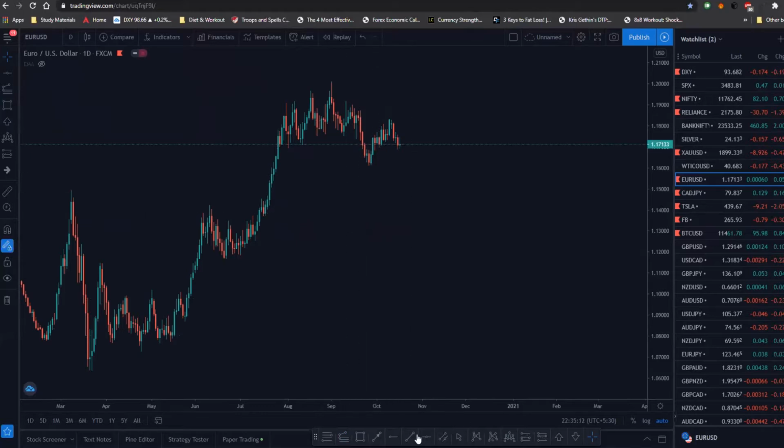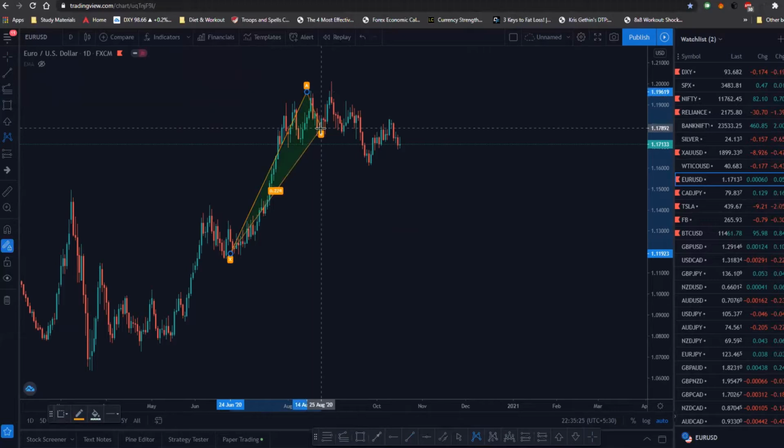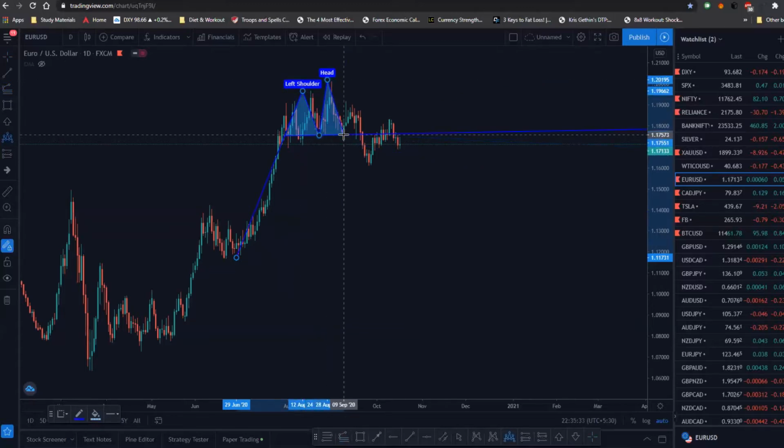So yeah, again, EURUSD is almost similar to the dollar pair, just the opposite. We have an uptrend, so it is just the opposite direction of the dollar index. Yeah, let's take the head and shoulders tool. We have a left shoulder, we have the head, and we have this right shoulder, and we have even the neckline which is breached.